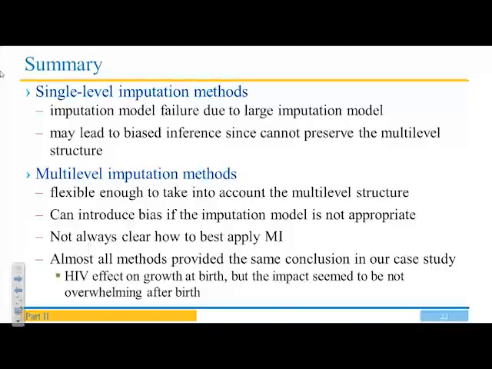The methods that I applied seem very flexible in accounting for the multi-level data structure. Again, they can introduce bias if the imputation model is not set up appropriately. In our case study, all three methods that we applied showed similar results. They're saying that the HIV effect on growth is associated at birth, but the impact seems not that overwhelming after birth.